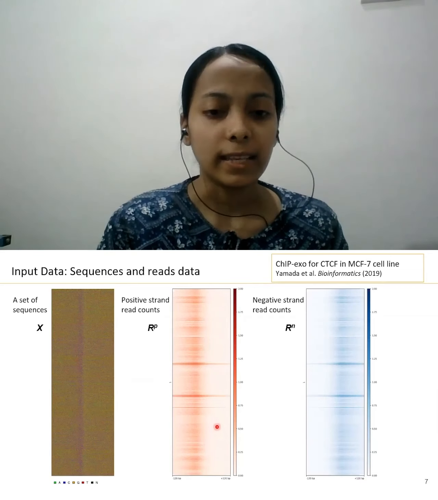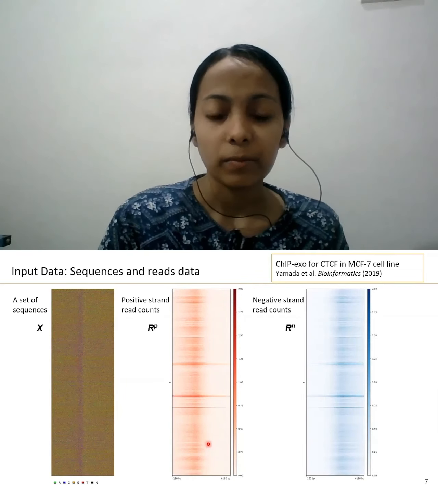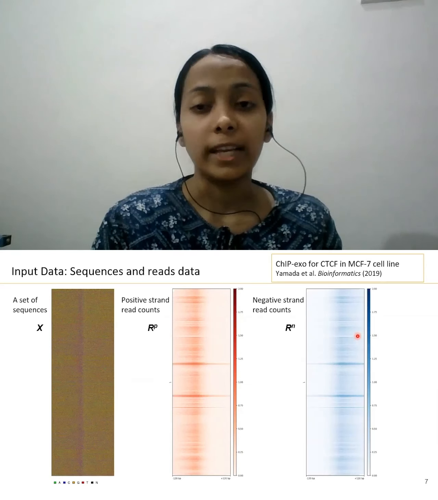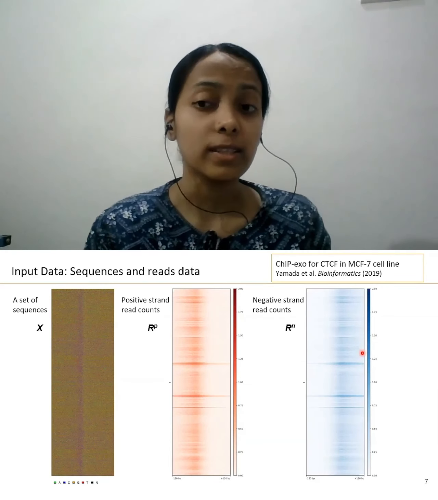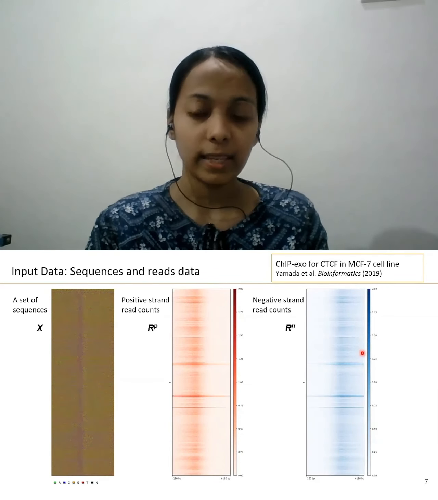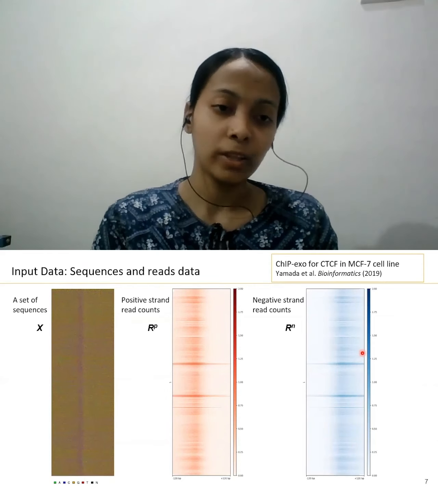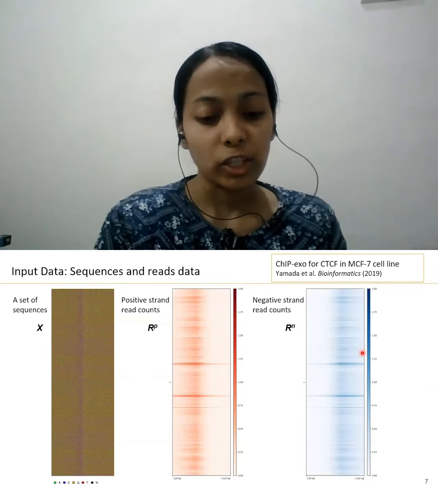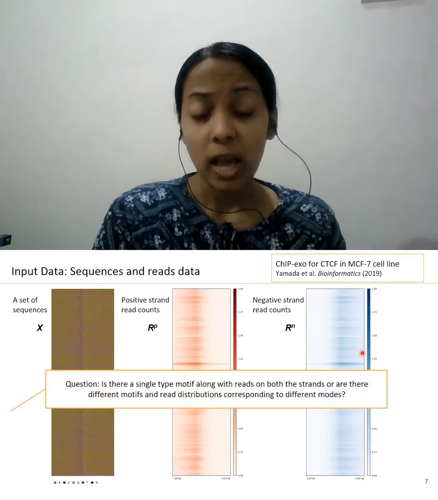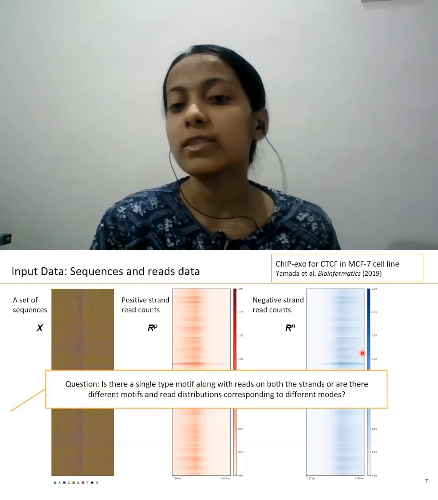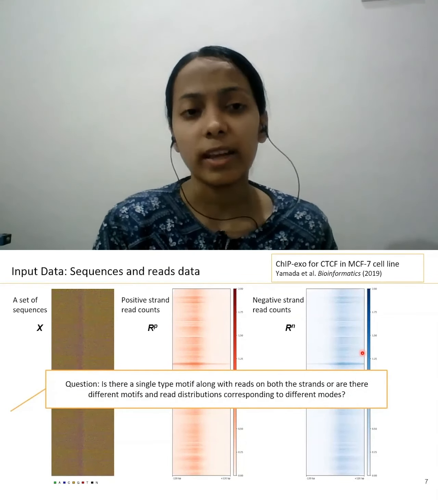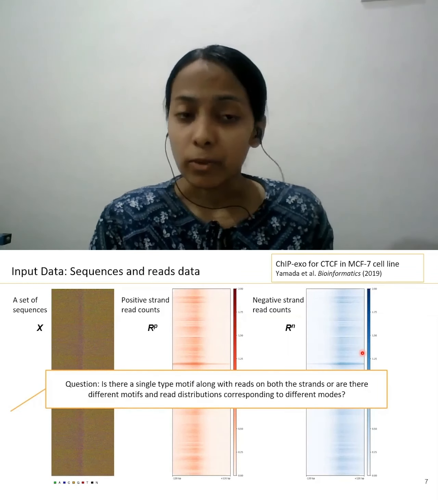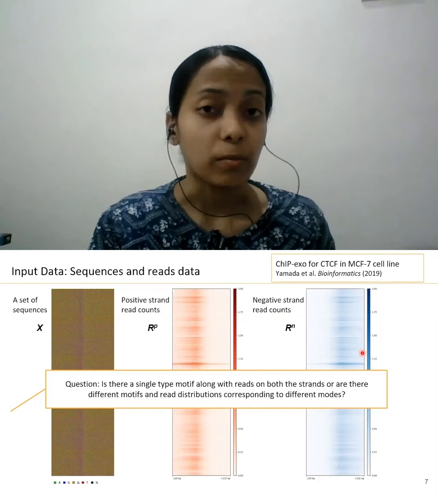And here we see a signal to the left of the center. Similarly, we have the negative strand read counts sequences, RN, where we see a signal just to the right of the center. Now, the question here is basically, is there a single type of motif with its reads on both the strands, or are there different motifs with different read distributions corresponding to different modes?